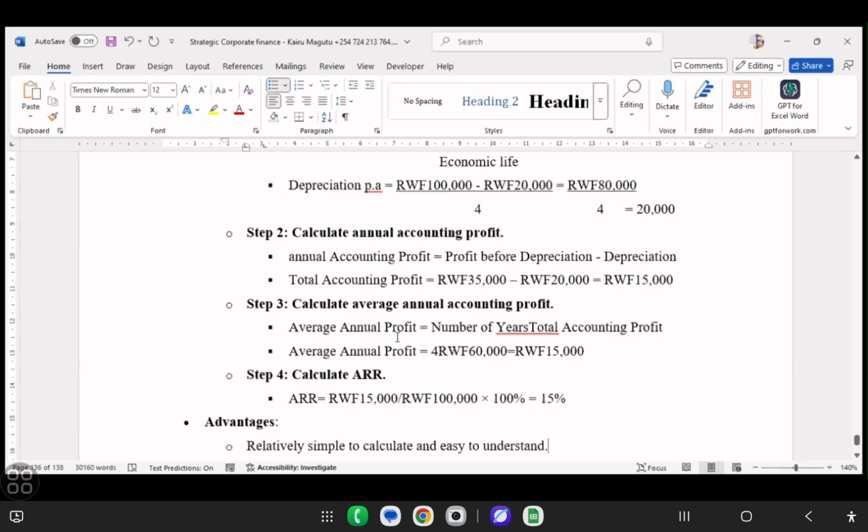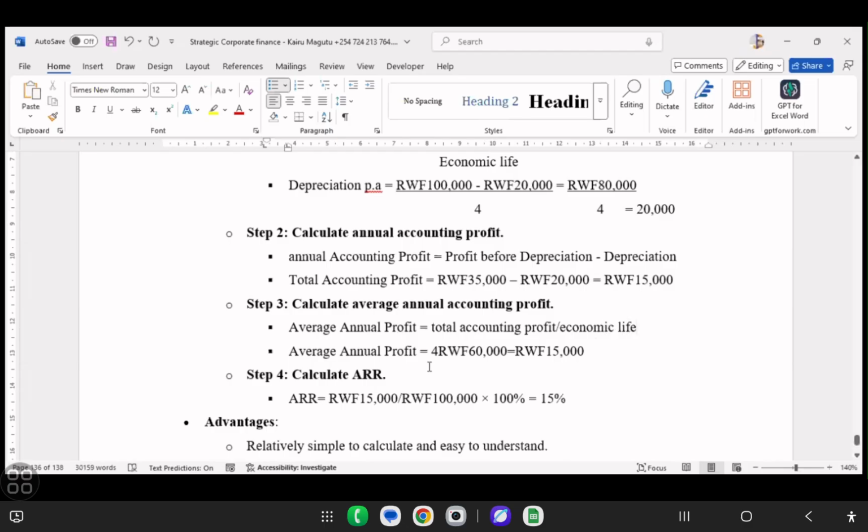Average accounting profit. Average annual profit is equal to the total accounting profit divided by the economic life.